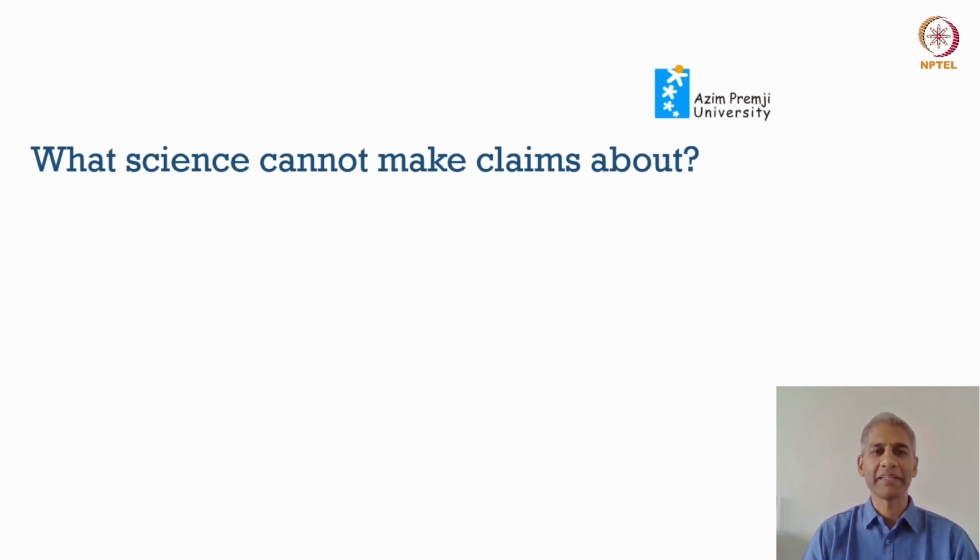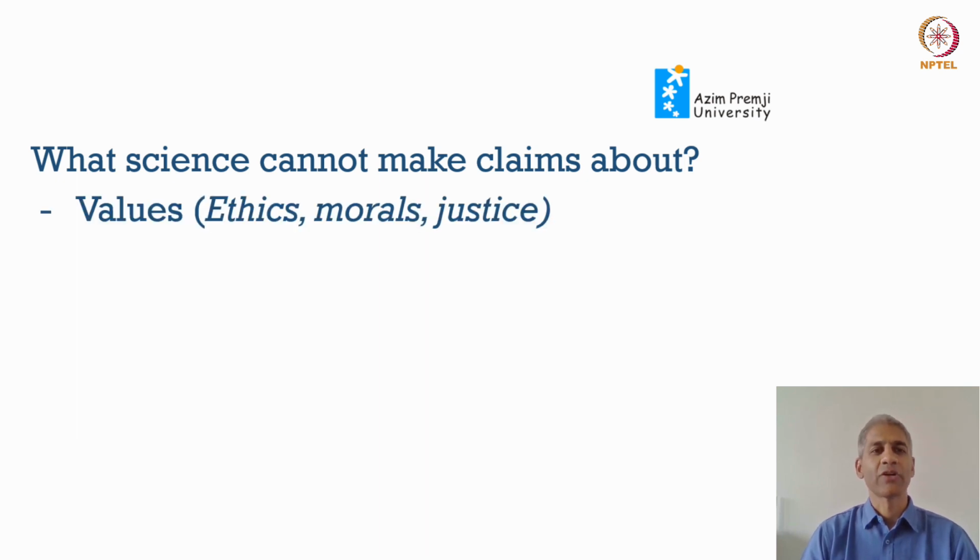And I would say the main thing here is that science cannot make any claims about the world of values, what we would call ethics, morality, claims of justice and equity. These are larger human questions, and they're really for everybody to debate and discuss and to figure out within their own society. And science really cannot make any judgments about that. So that's one thing to be aware of.